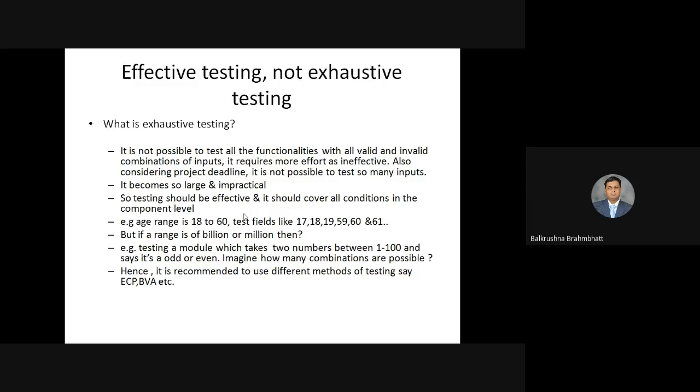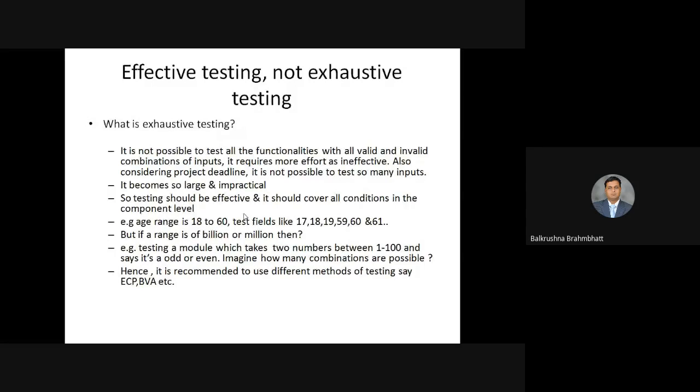Is it possible to enter the number 1 and check whether your program gives the correct output, then enter number 2, then number 3, till number 100? So you have to enter 100 valid inputs. Beyond that, you also have to enter all possible invalid inputs.